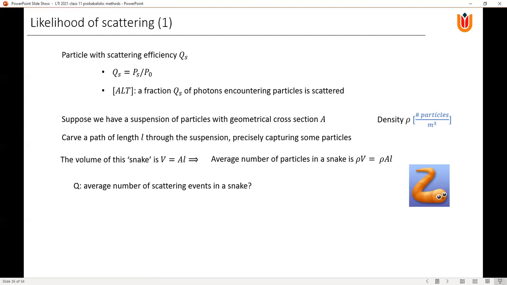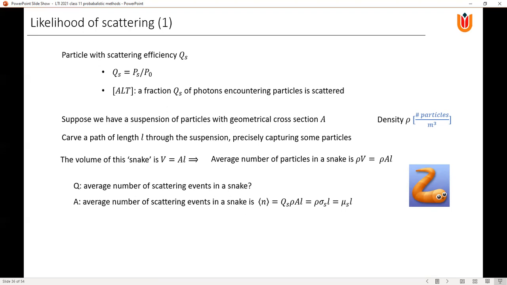You can read the top line. So what would be then the average number of scattering events? Q times whatever we have. Yeah, Q times this. So the average number of scattering events would be Q times rho times A times L.